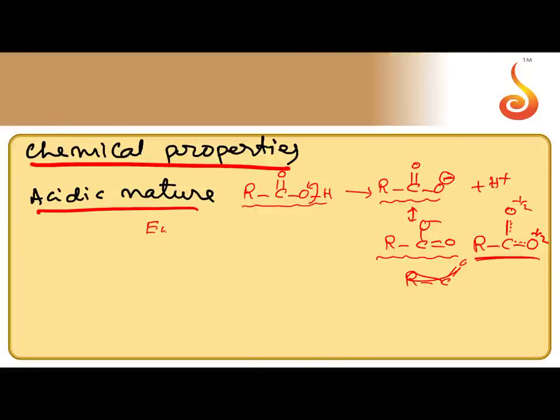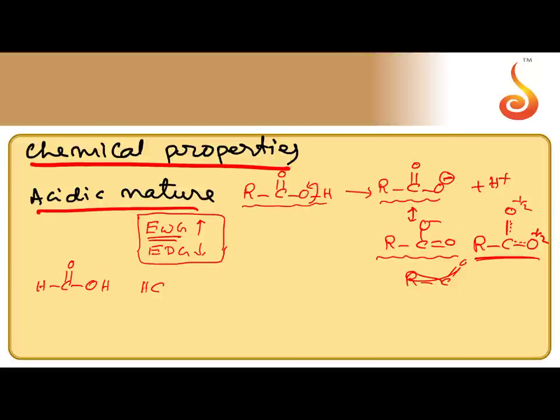Relative acidic strength. Electron withdrawing group can increase the acidic strength. Electron donating group can decrease the acidic strength. These are the main factors. So the factor which can stabilize the carboxylate ion can increase the acidic strength. Let us take few examples.